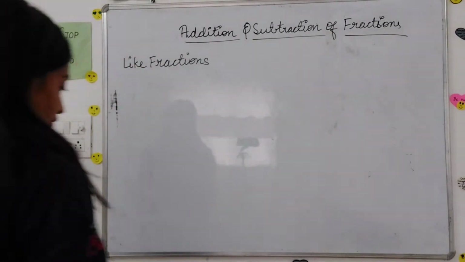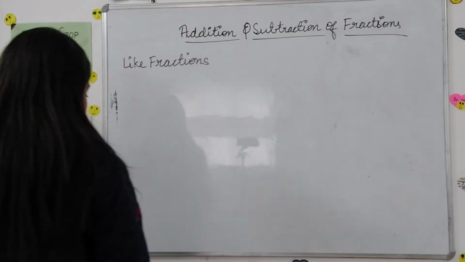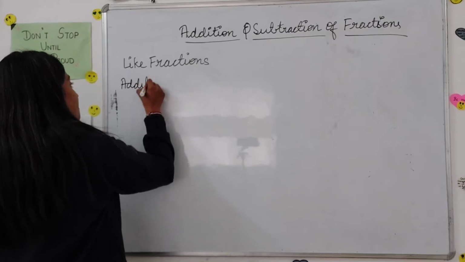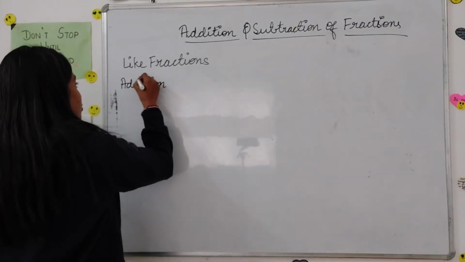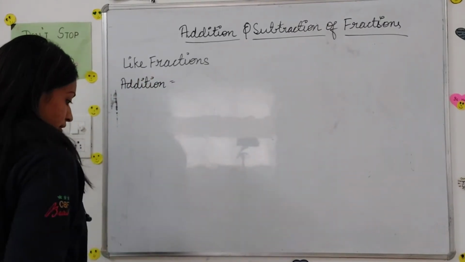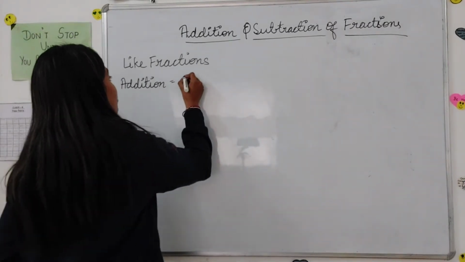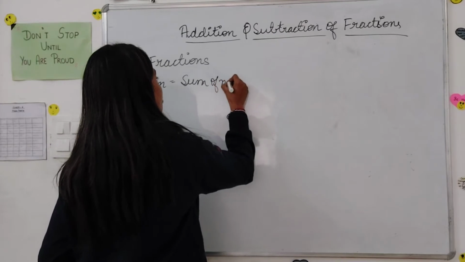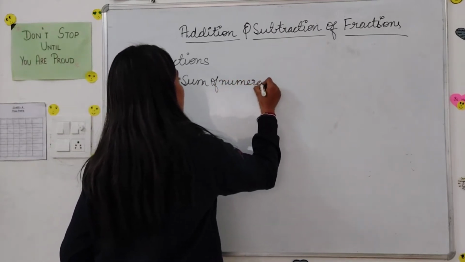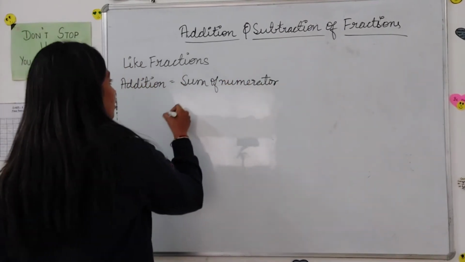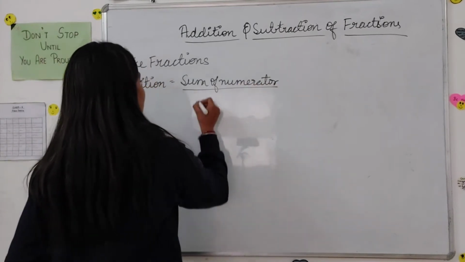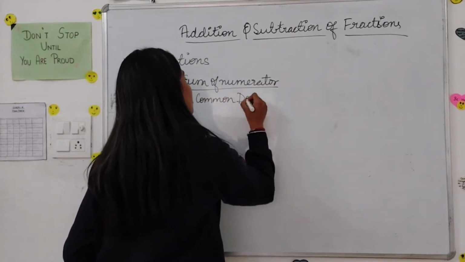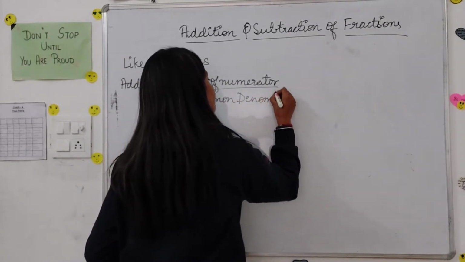So if we have like fractions and we have to add them, how do we add? The formula for it is sum of numerators upon common denominator.